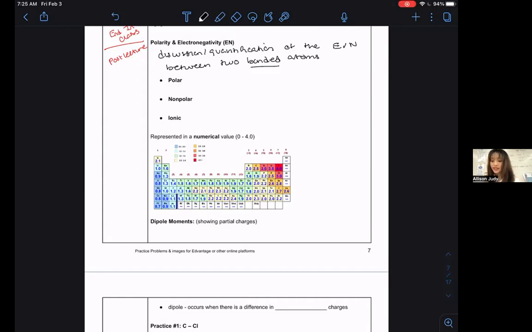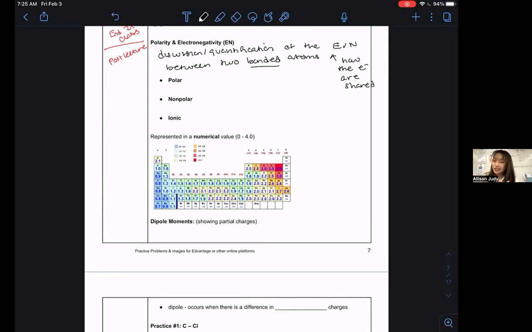Okay, two bonded atoms. Another way of putting it is we're really trying to see how the electrons are shared. It's really just talking about, well, how are they exactly shared?